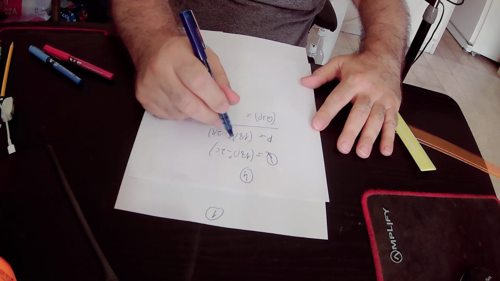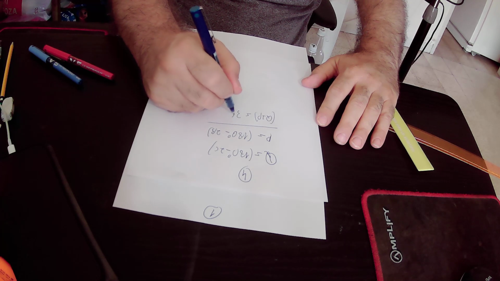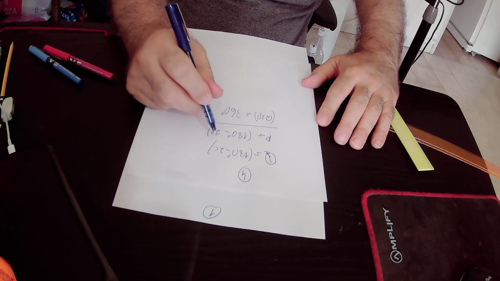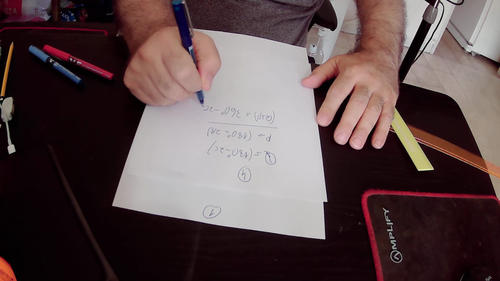equals 180 degrees plus 180 degrees, which is 360 degrees, minus 2C plus minus 2B, which is minus 2C minus 2B.